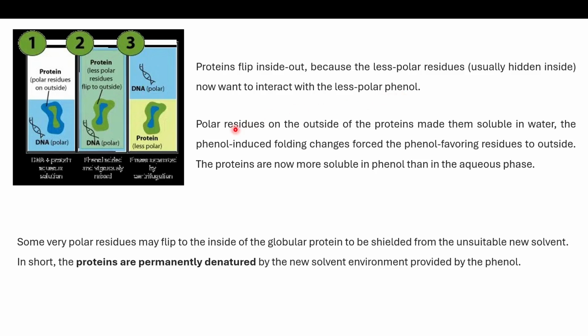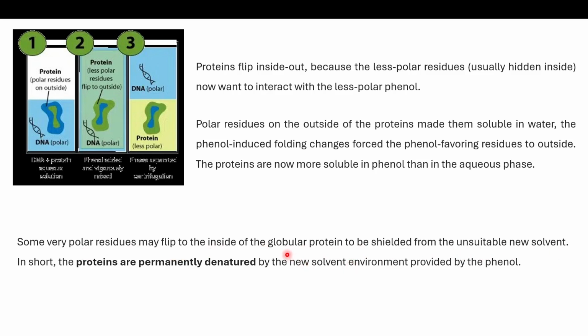Okay. Polar residues on the outside of the proteins made them soluble in water here. Now the phenol-induced folding changes have forced the phenol-favoring residues to move towards the outside because they will be interacting with phenol. So the proteins are now more soluble in phenol rather than water or the aqueous phase. Some very polar residues may flip to the inside of the globular protein to be shielded from the unsuitable solvent.